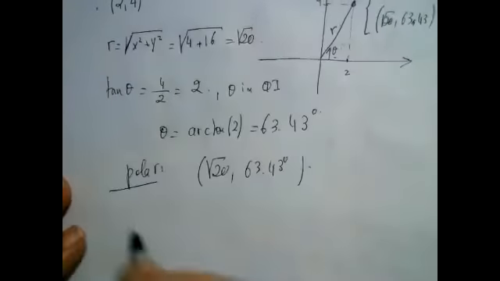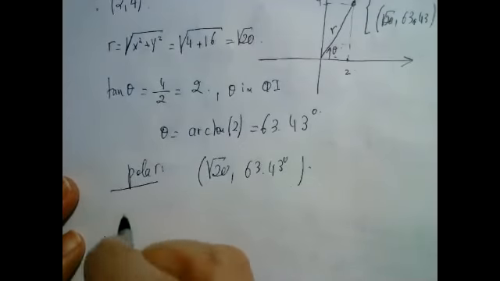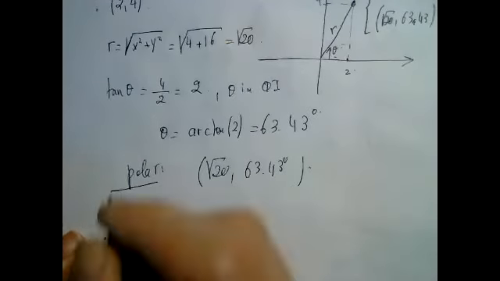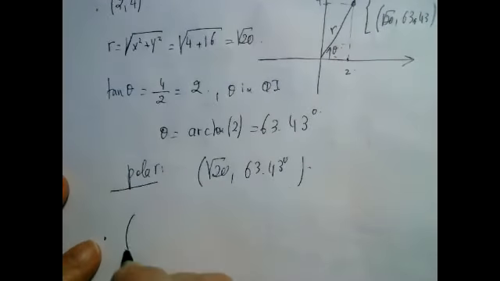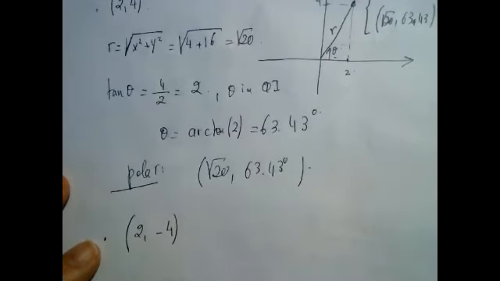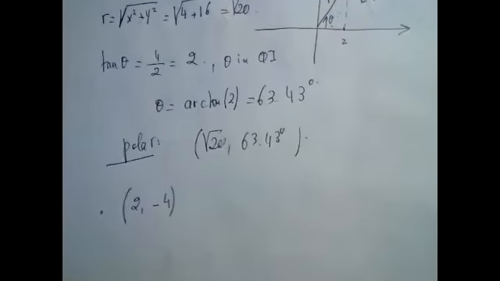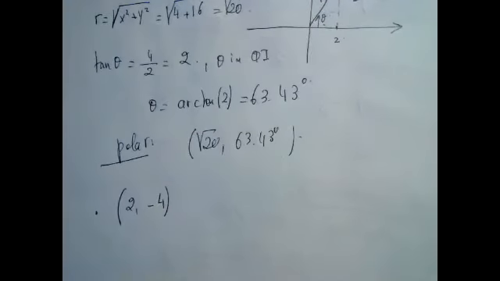Okay, example number 2, and you have to do it yourself. Suppose I give you the following point in Cartesian: 2, minus 4. Find the polar. All right, please get going. You have 1 minute to do it, and one of you I will pick to give me the answer.